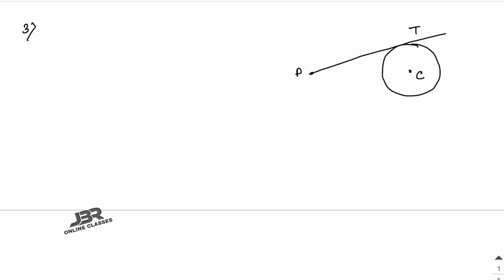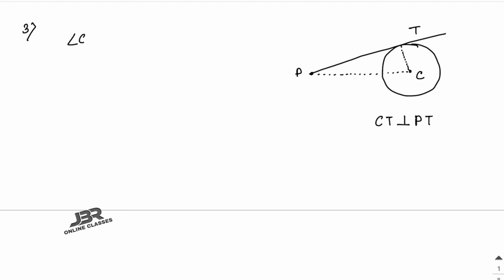Now first you have to join C and T. Okay, and then you have to join C and P. Okay, so always you know that here CT is always perpendicular on the tangent PT. Okay, CT is perpendicular on the tangent PT.